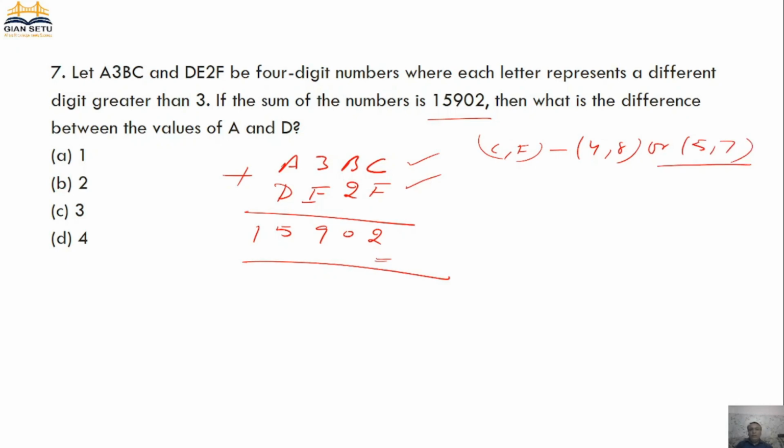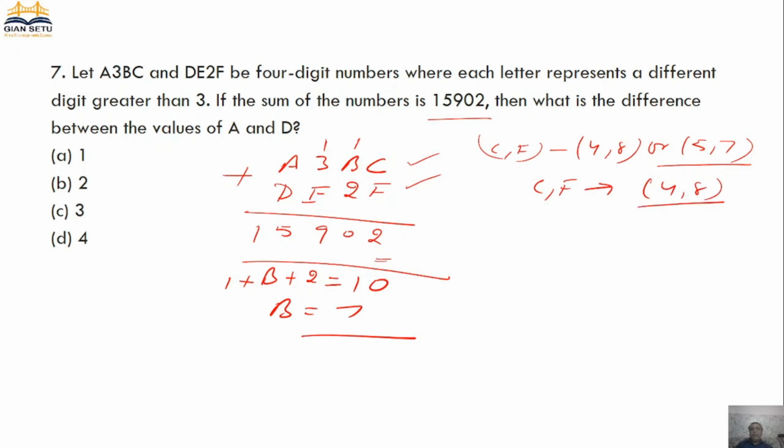Right? Now when we add C and F, we get a 2 here and we get a carry over here. Now 1 plus B plus 2, we get a 0 here and we must get a carry over here. Let's say when we add 1 plus B plus 2, it must be 10. Now B is equal to 7. Now if B is 7, that means C and F are 4 and 8.